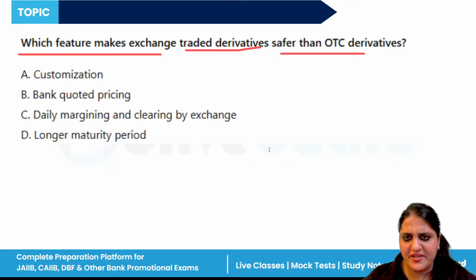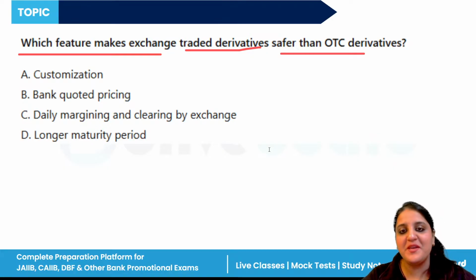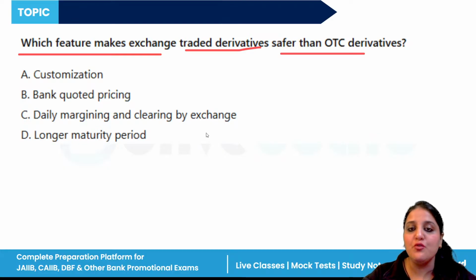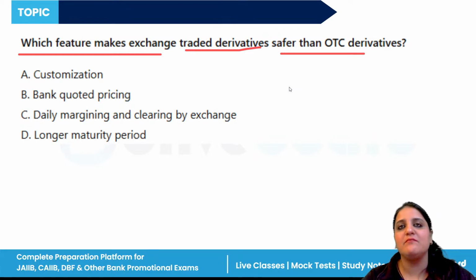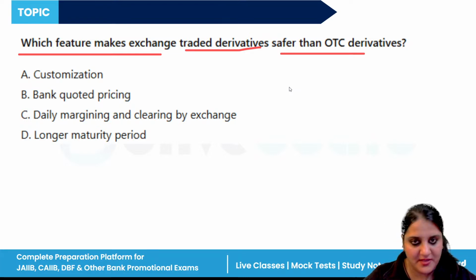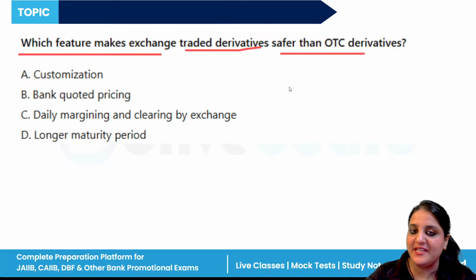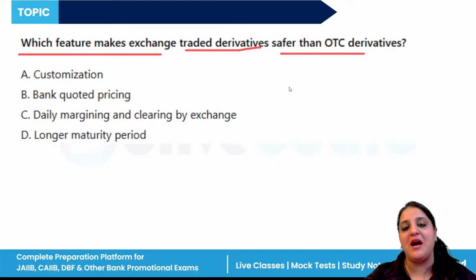In exchange traded derivatives, the exchange becomes the counterparty, and daily M2M settlement is done. Mark to market settlement is done. What does this term mean, mark to market? Mark to market is generally a valuation method that adjusts the value of assets and liabilities to their current fair market price.